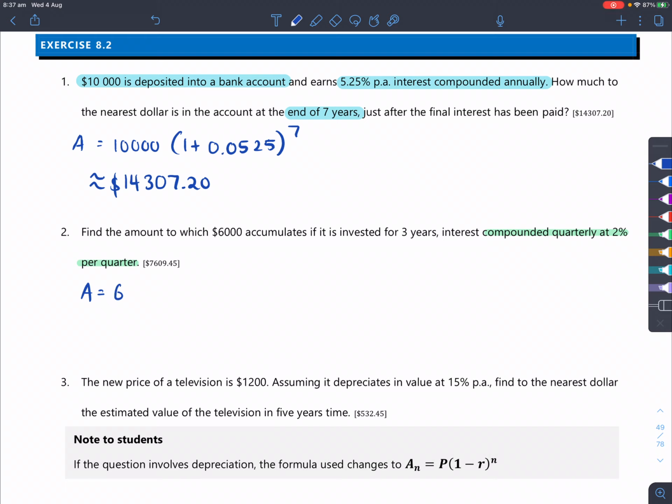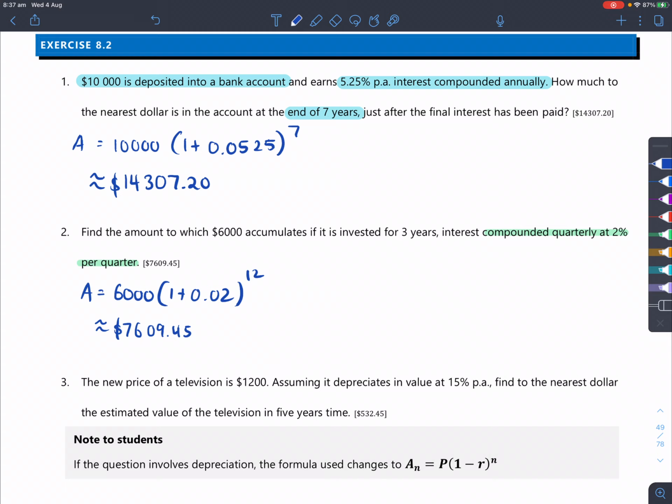So we're going to have $6,000 to start off with. We're going to increase that by 2% every single quarter. So that's 0.02. And we're going to raise that to 3 years worth of quarters. So that's 3 times 4, which you can basically write as 12. So that will be approximately 7,609.45.